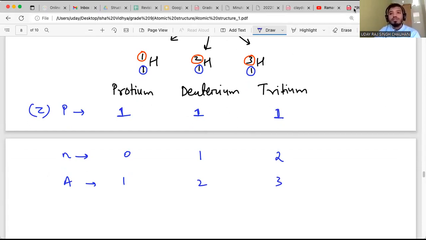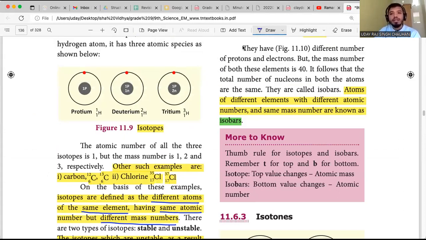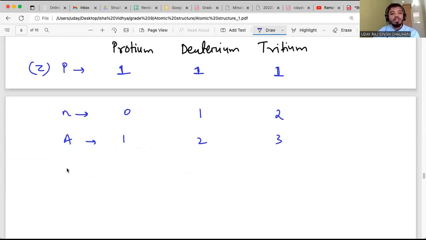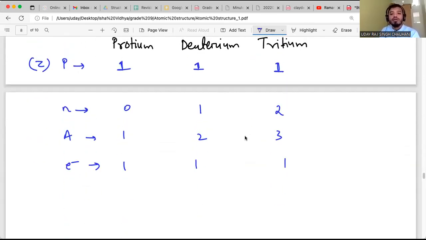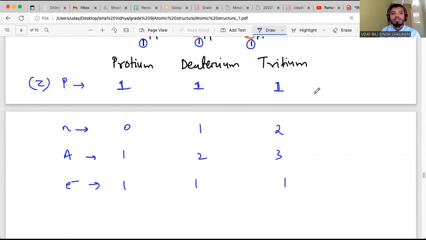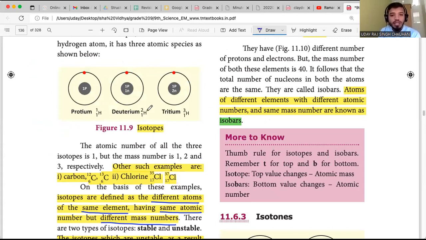So the same thing has been shown here. And all of them have 1 electron, because number of electrons is the same as the number of protons. So 1 electron each, 1 proton each, neutrons 0, 1, 2, mass number 1, 2, 3. All of you should know this information. These are the 3 isotopes of hydrogen: protium, deuterium, and tritium.